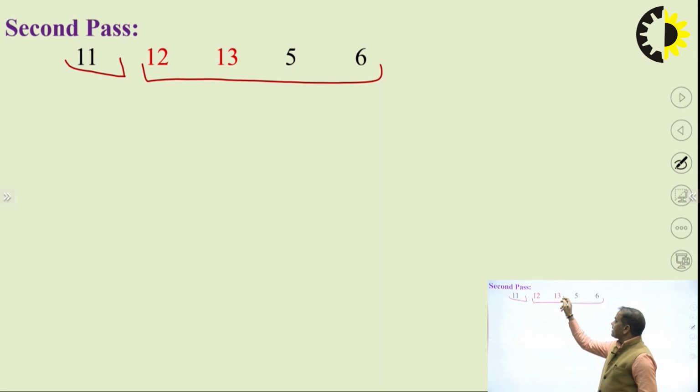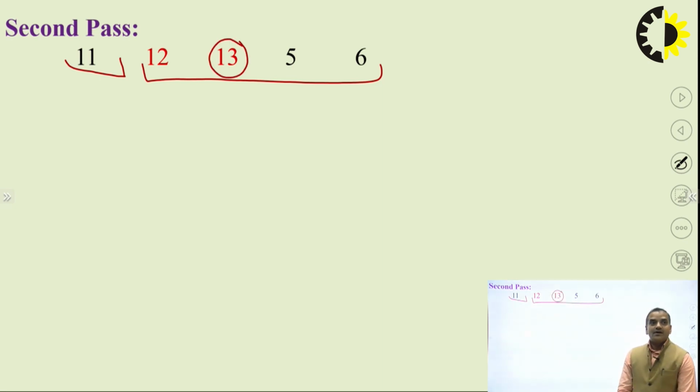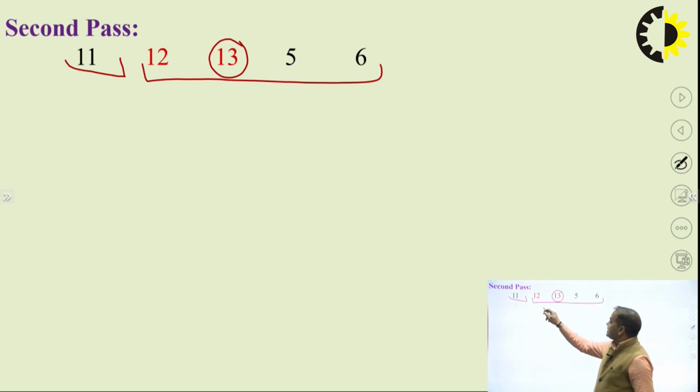Now we take the next element. The next element is 13. 13 is the key element. Now compare with 12. If 12 is greater than 13, then we swap, otherwise no swapping. Here 13 is greater than 12, so there is no need to swap.